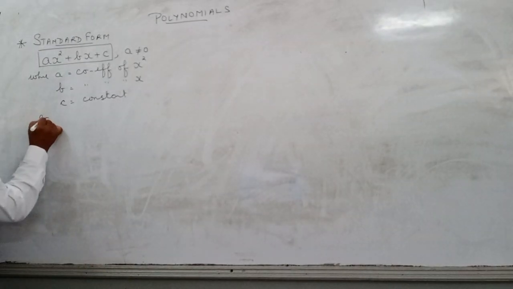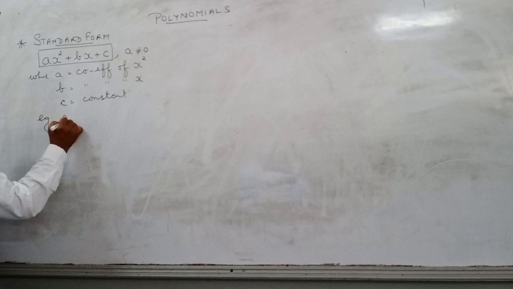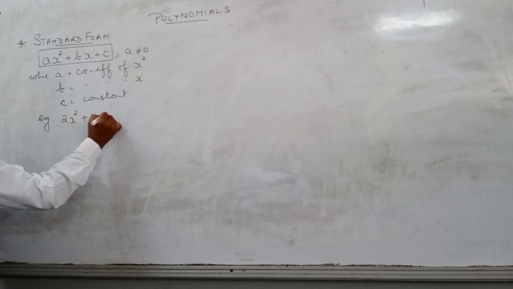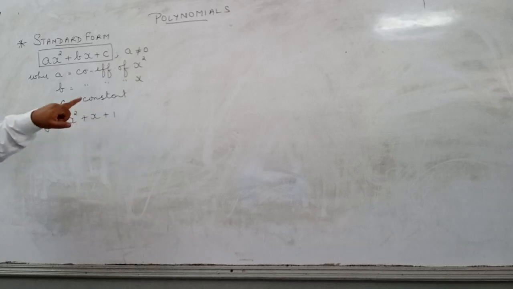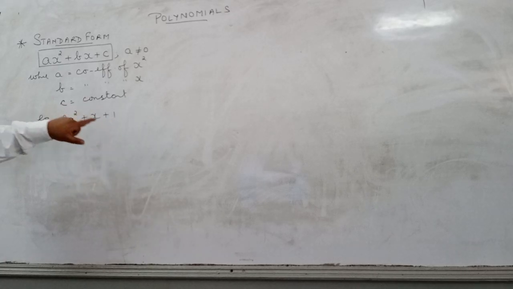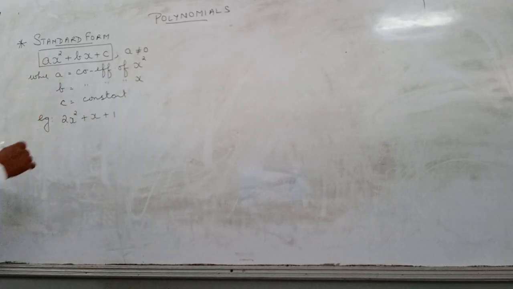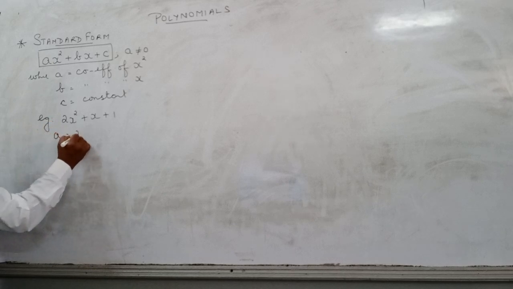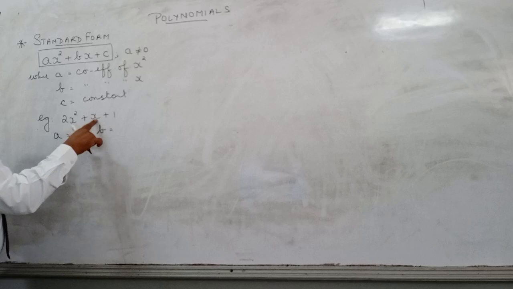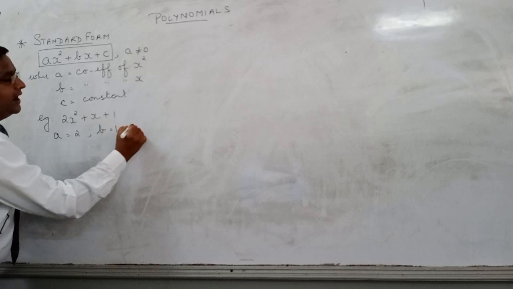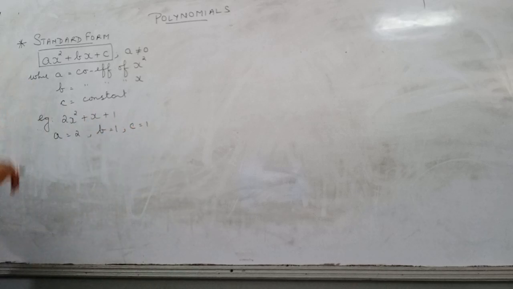If you remember, in 9th class we had done 2x square plus x plus 1. This is a standard quadratic polynomial, ax square plus bx plus c, where a is equal to 2, the coefficient of x square, b is the coefficient of x, that is 1, and c is a constant.